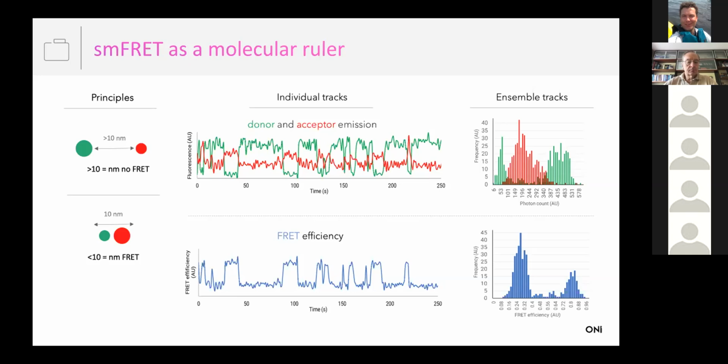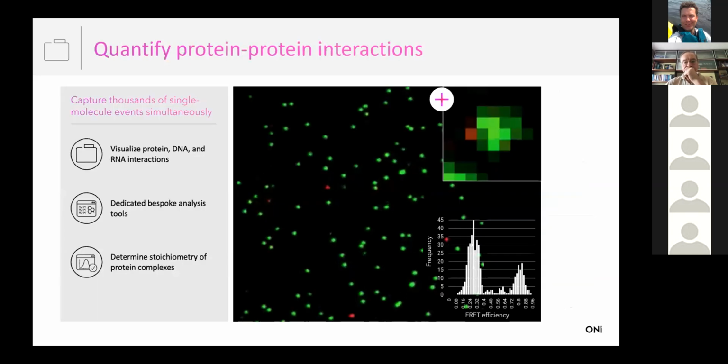So for instance, what we can do is we can start to plot the individual tracks of both the donor molecule as well as the acceptor, or we can then consider the individual FRET traces and efficiencies. We can also look at this at an ensemble level. So in this example, what we did was we adhered DNA molecules to a glass surface, and then these DNA molecules were conjugated to Cy3 and Cy5 probes.